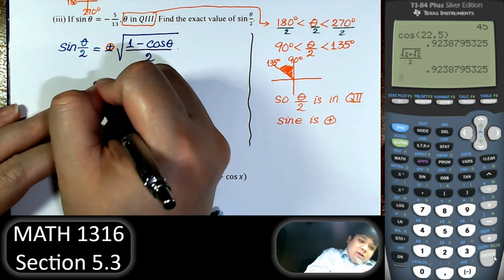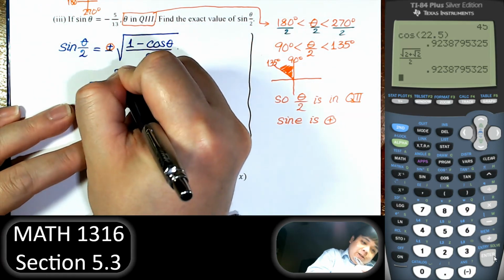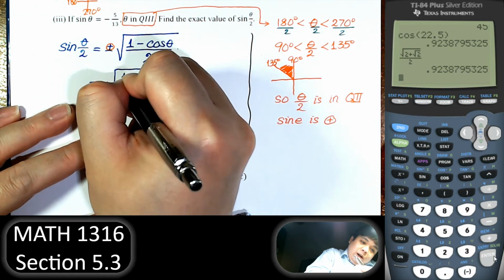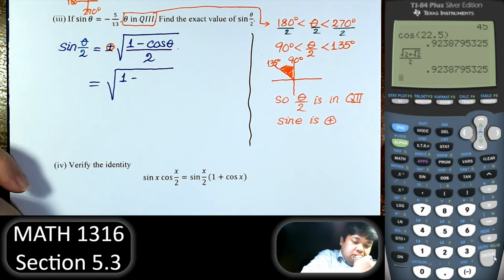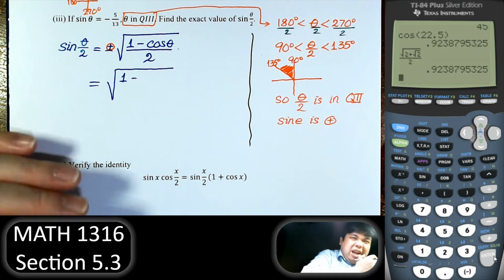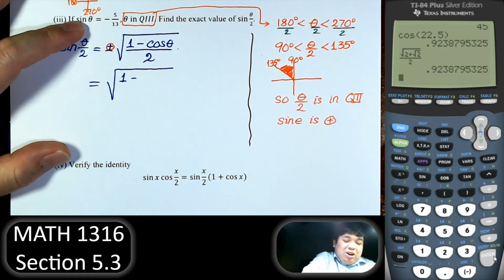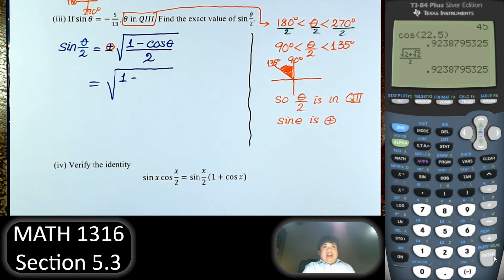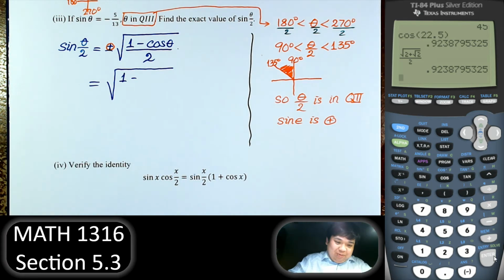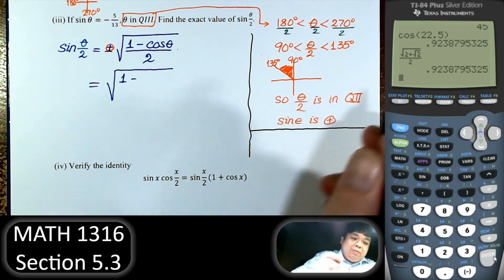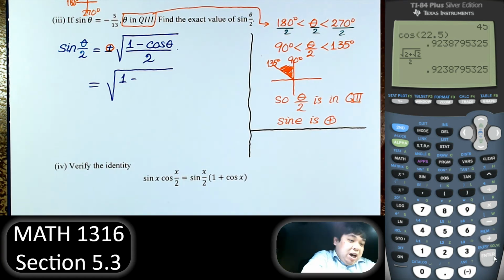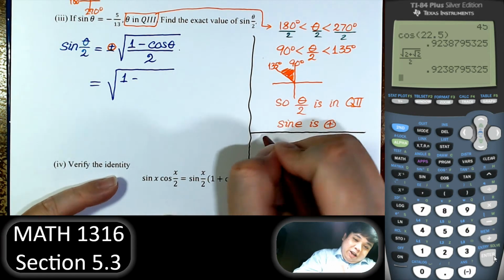Just put in the number 1, and it's not as simple because this one is sine, and we have cosine. Ouch. Right. Now, one way to do that is using the Pythagorean identity.